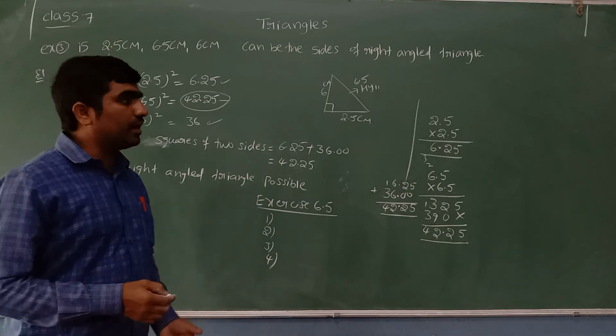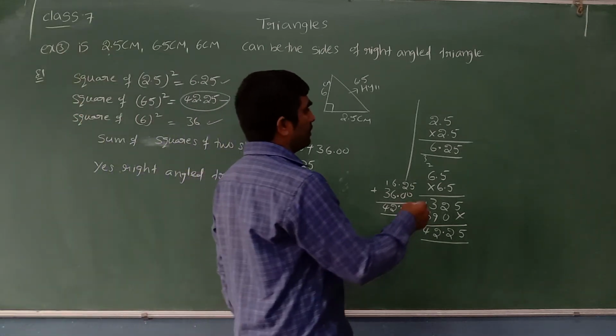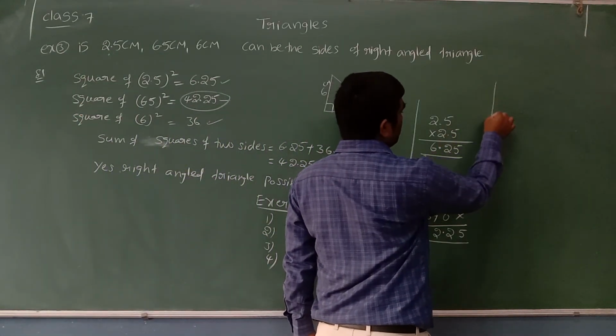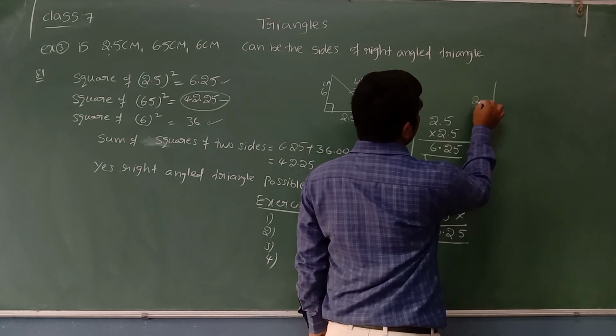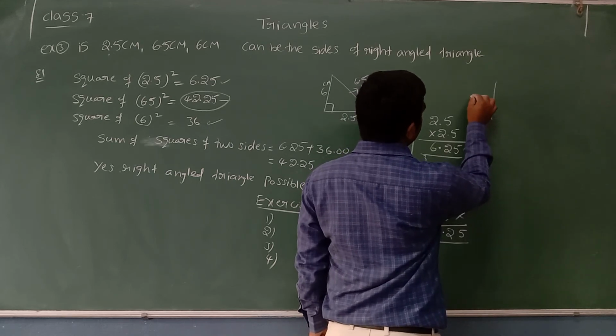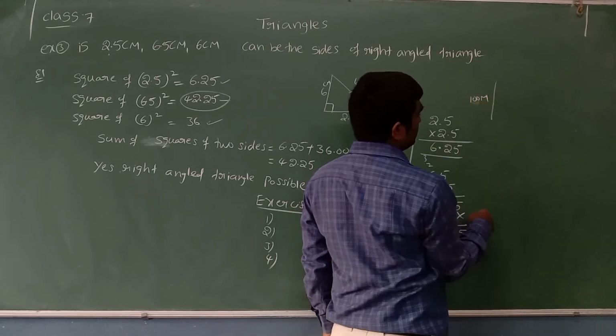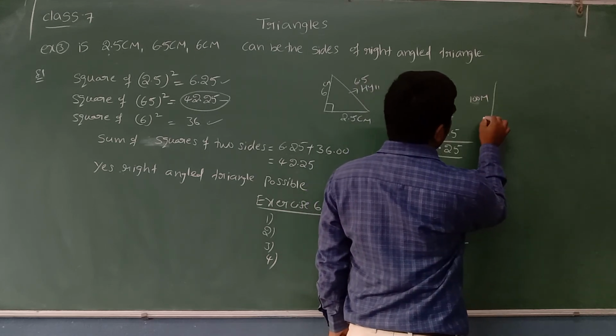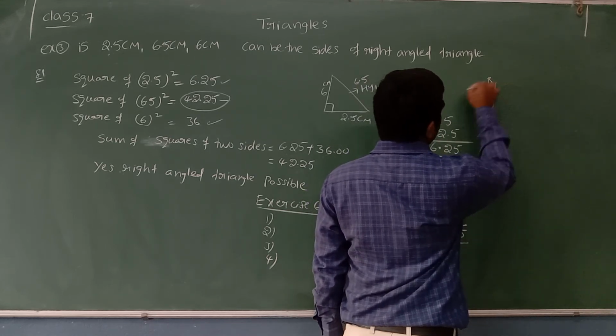Let's see one of the real life applications based on the Pythagoras property. Suppose AB is the height of the building, some 100 meters.